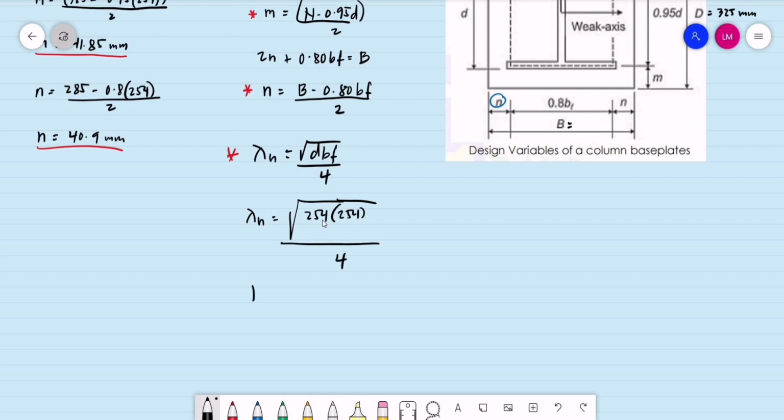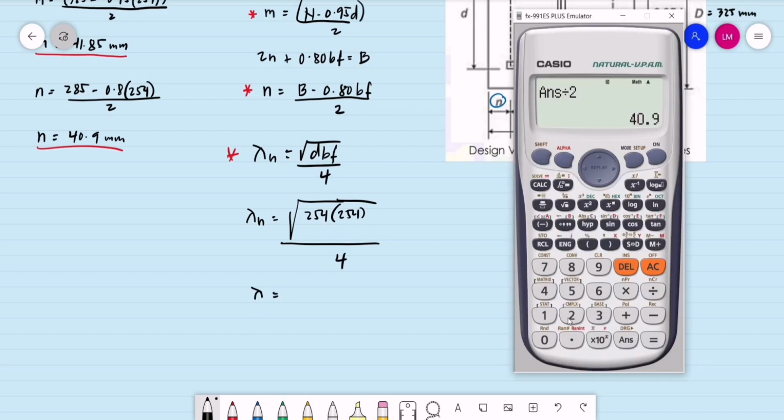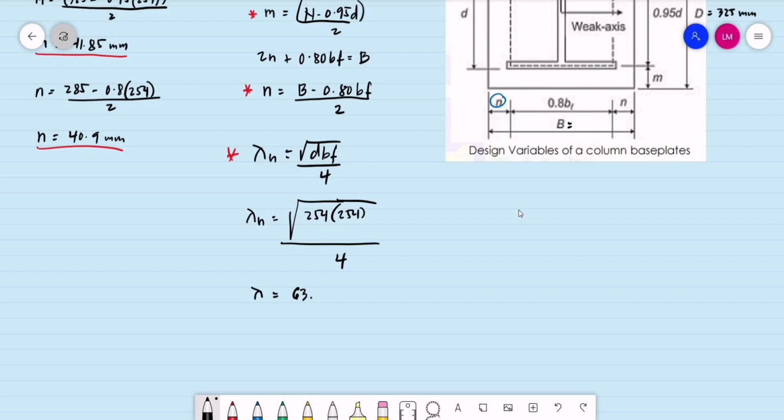Right, so we have lambda sub N is now equal to 254 squared, then again you take its square root, then divided by 4. So that is equal to 63.5 millimeters.